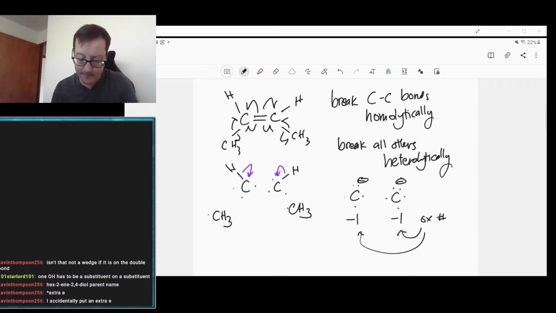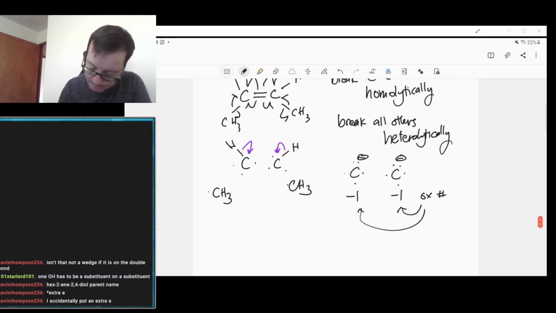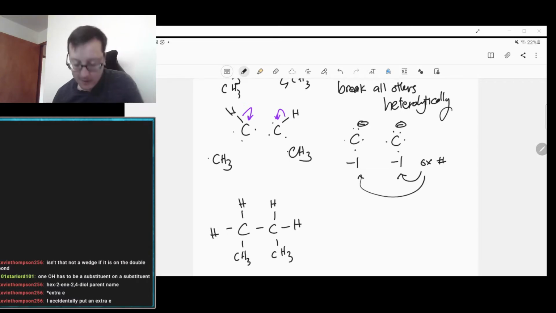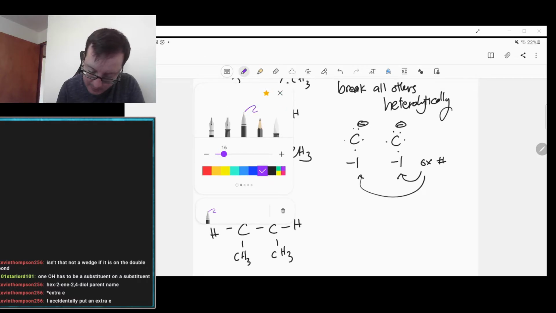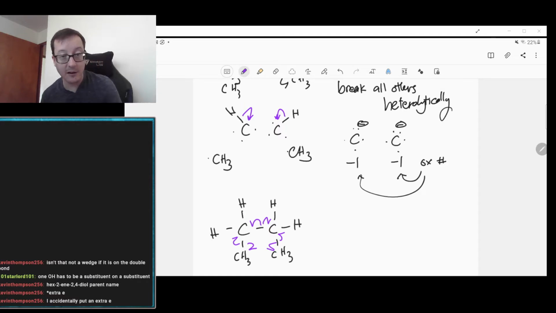And we'll take a look at that. We saw that our product here, I'm going to draw it like this because that might be a little bit easier. If we break all our bonds, I'm going to use the correct color this time. We have to break all CC bonds homolytically because they are equally electronegative.